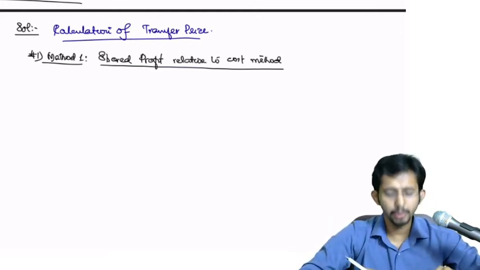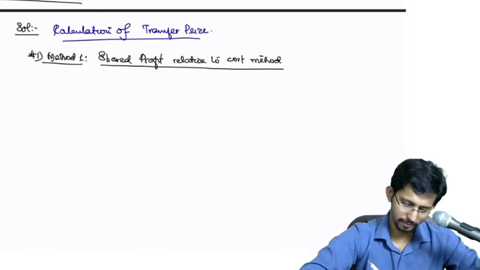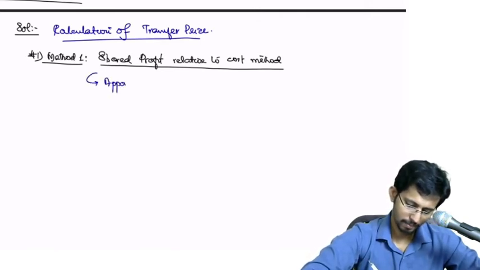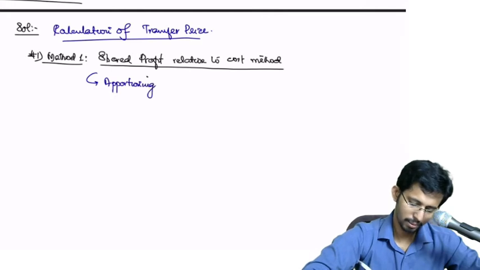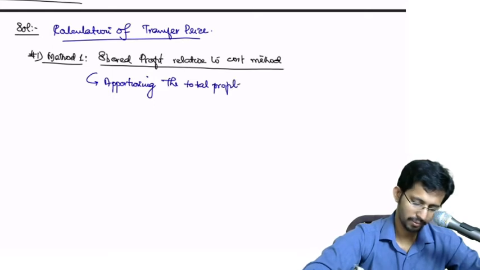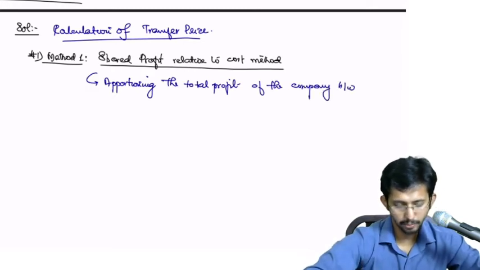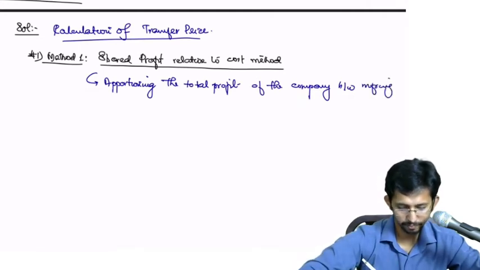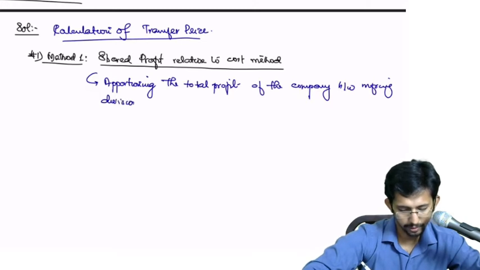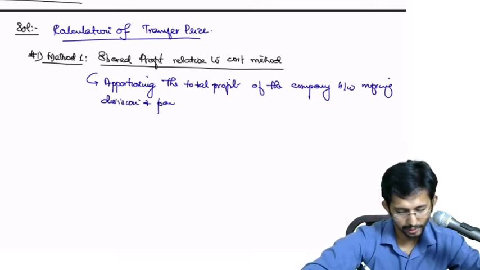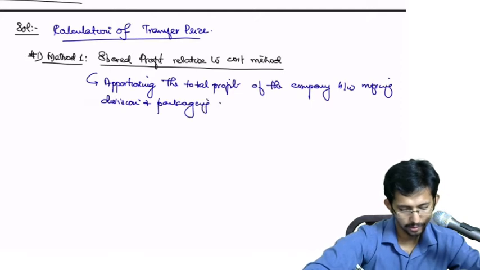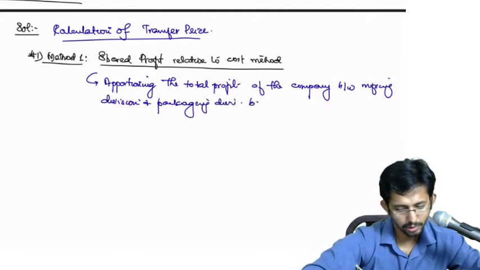Okay, so what you do here, we are apportioning the total profit of the company between the manufacturing division and the packaging division based on what?